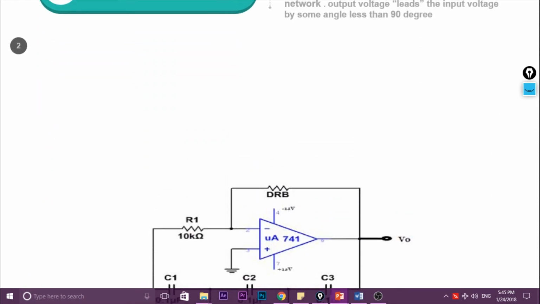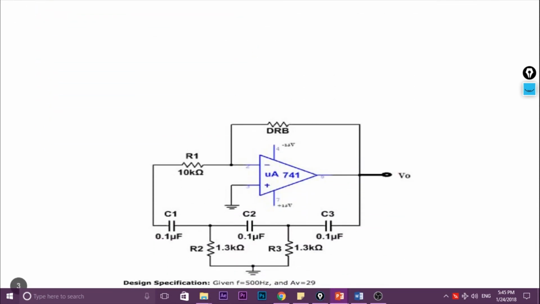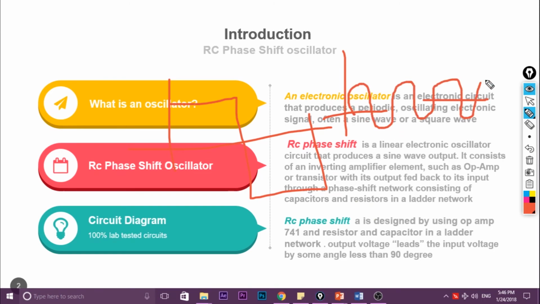So what is an oscillator? An oscillator is an electronic circuit that produces periodic oscillations, which means continuous ones. It may be a sine wave, square wave, or something like that, which is periodic, which changes constantly with time.